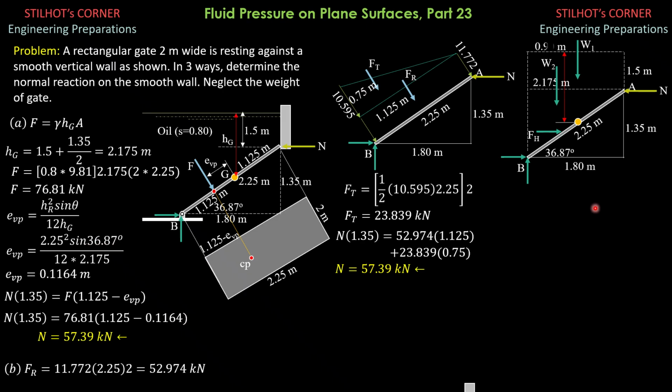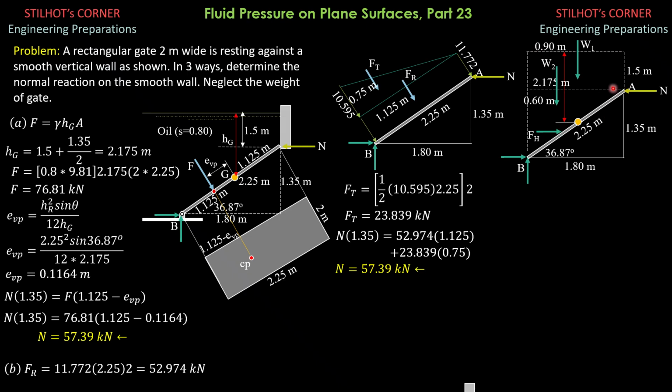So we have this HG here, which is 2.175 from these calculations here. So we have the moment arm of weight 1 is 0.9, half of 1.8, because it is rectangular.